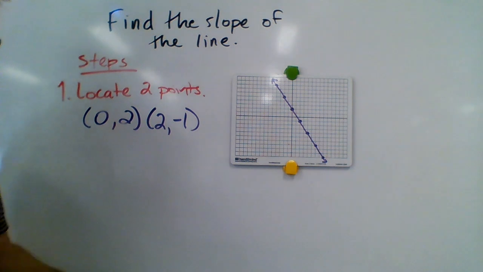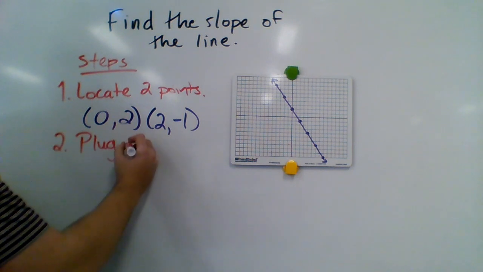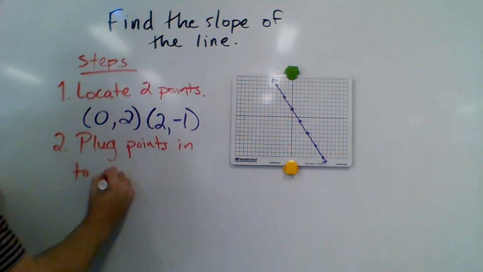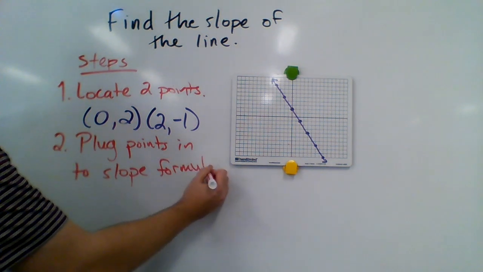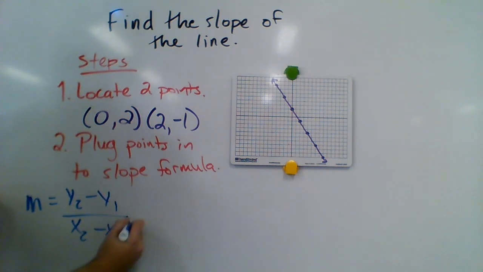Then I bet you can guess what step number 2 is going to be. Plug the points into the slope formula. So remember my slope formula? M equals y2 minus y1 over x2 minus x1. Plug in my points.